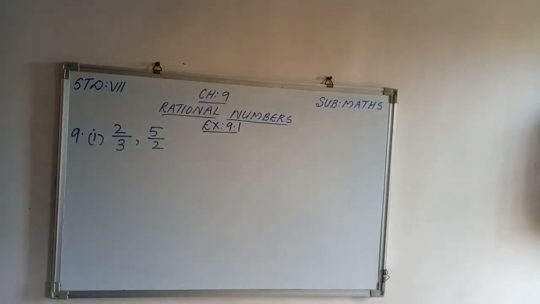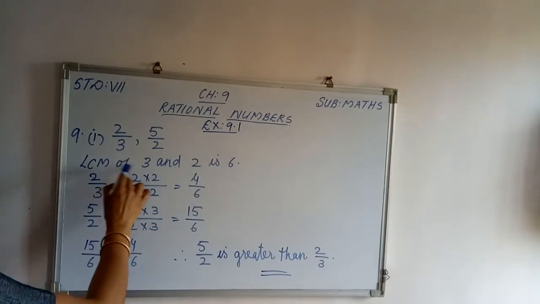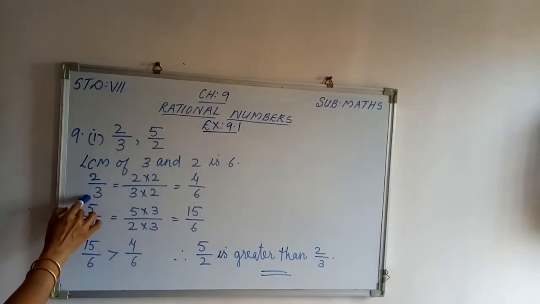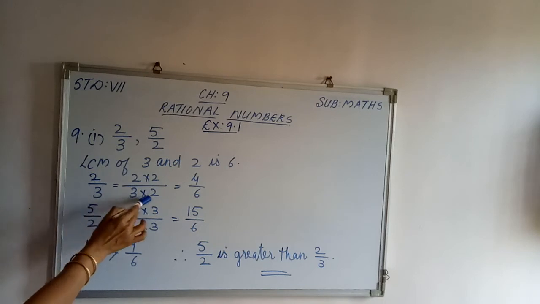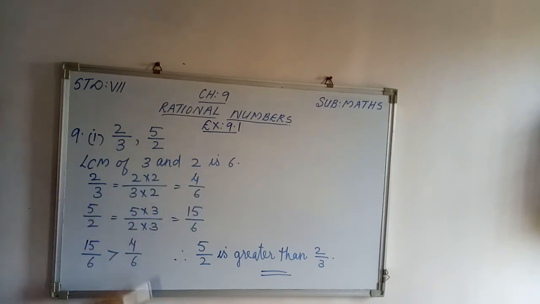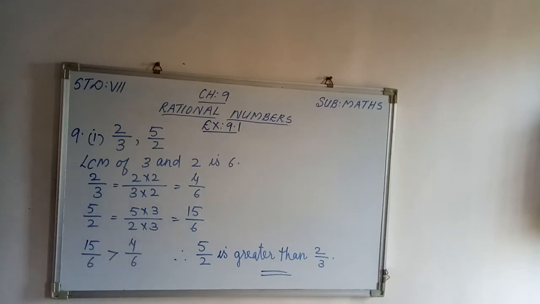In this, first we will find the LCM of 3 and 2. LCM of 3 and 2 is 6. So 2 upon 3: 3 multiplied by 2 we get 6, 2 multiplied by 2 we get 4. So 2 upon 3 is equal to 4 upon 6. 5 upon 2 is equal to 15 upon 6.